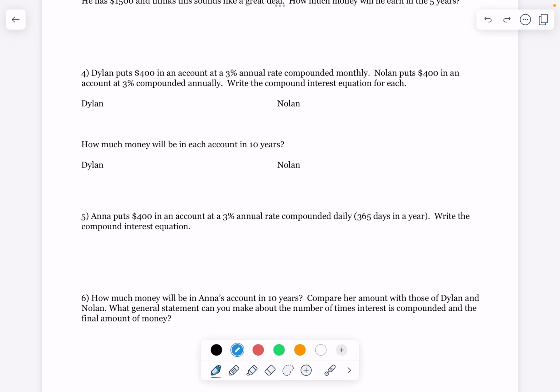First, we'll write out the formula for each of them. So we're going to use our compound interest formula here. So I'm going to say A is equal to 400, our principal amount, times 1 plus the interest rate over n, compounding monthly for Dylan, so that's going to be 12, raised to the 12 times t.